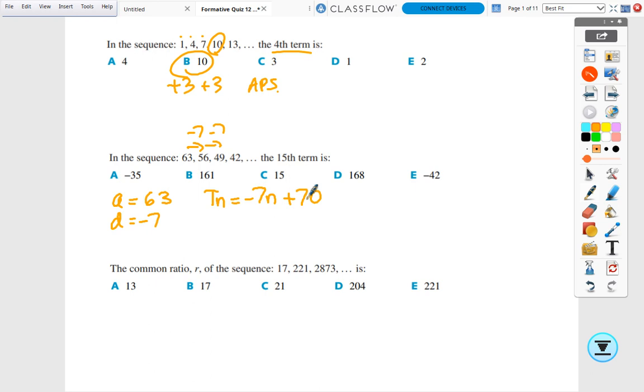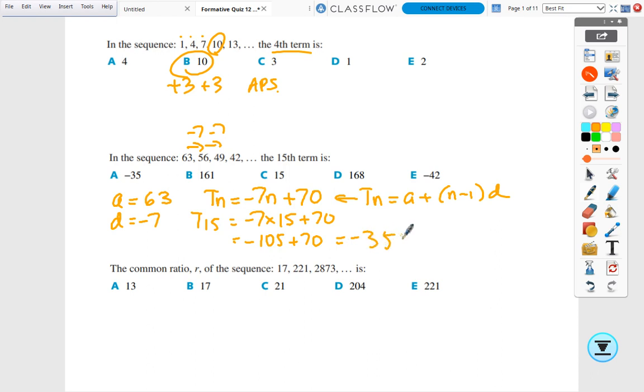If you're not sure about that, just use your A plus n minus 1 d formula, and you'll get minus 7n plus 70. And we want the 15th term, so T15 equals minus 7 times 15 plus 70. That's minus 105 plus 70, so it's minus 35, and that answer's there.